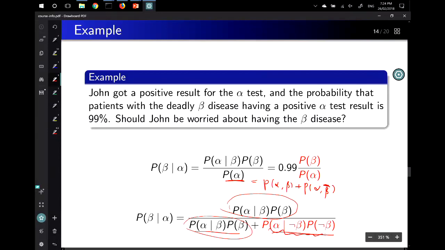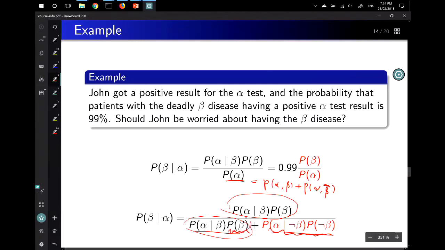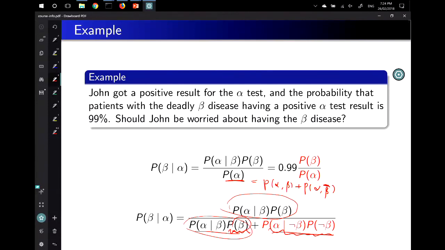The only remaining thing is this part, which is what one of the students just answered. By the way, P(beta) is in the general population the percentage of people who have the disease, like an empirical estimate.